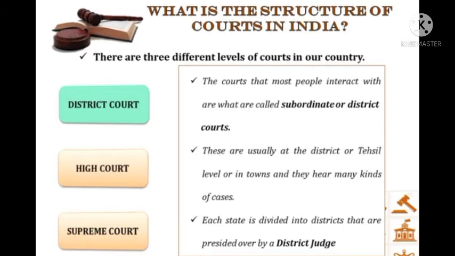The courts that most people interact with are what are called subordinate or district courts. These are usually at the district or tahsil level or in towns, and they hear many kinds of cases. Each state is divided into districts that are presided over by a district judge.